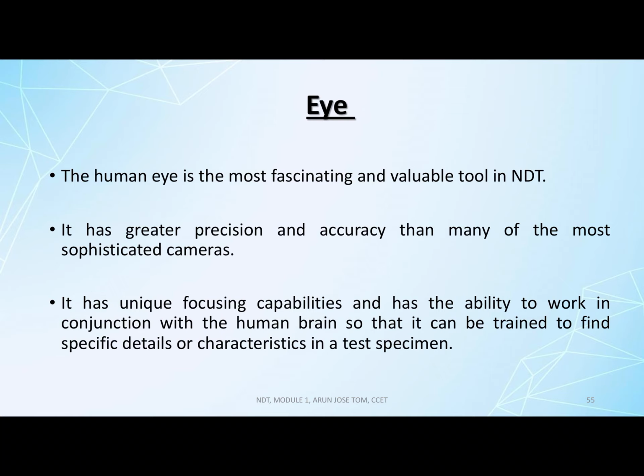Also, it has the ability to work in conjunction with the human brain, because the eye is connected to the human brain, and the end result, whether the specimen is okay or not, will come from the brain. Also, the observer or the inspector has to be trained to find the details or characteristics in a test specimen.